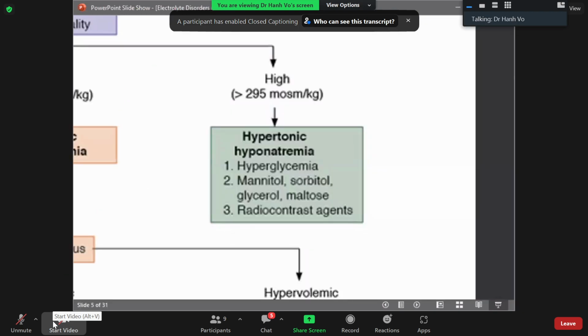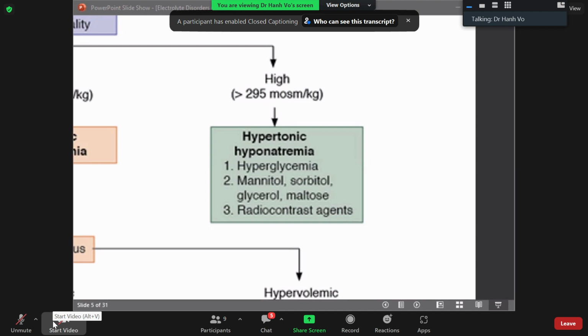And the second, when the serum osmolality is above 285 milliosmol per kilogram, we call that hypertonic hyponatremia. Remember that other osmotically active solutes can make the extracellular compartment hypertonic, which causes water to shift from the intracellular to the extracellular compartment.